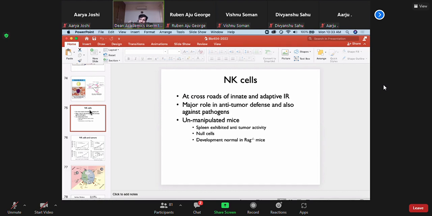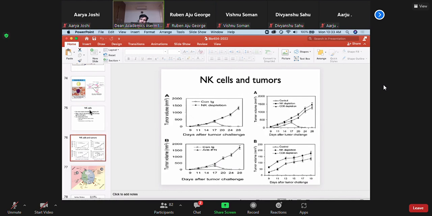So that means there is some novel set of cells which are responsible for this activity, and they identified these cells as natural killer cells. Subsequent analysis revealed that these cells express markers like NK1.1 and many more. And if you deplete these cells, specific depletion of these NK cells, as was shown in the next slide, then this tumor activity was lost.